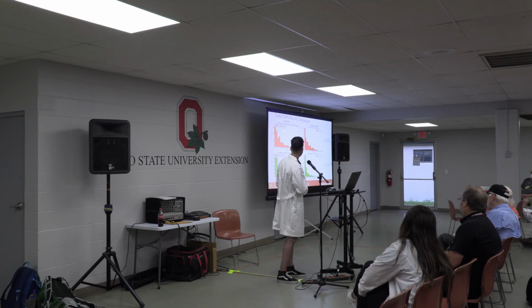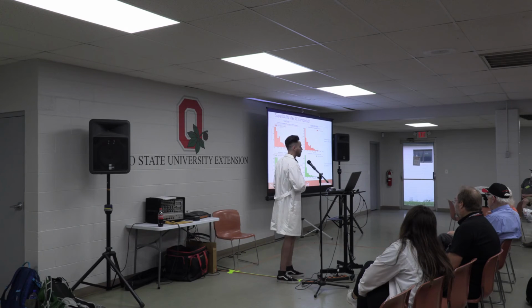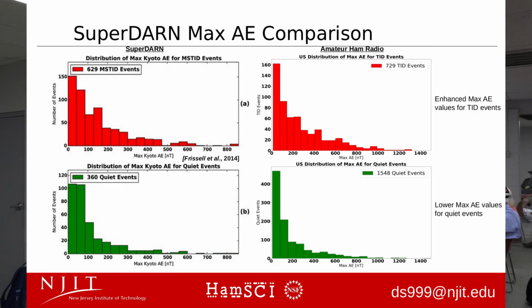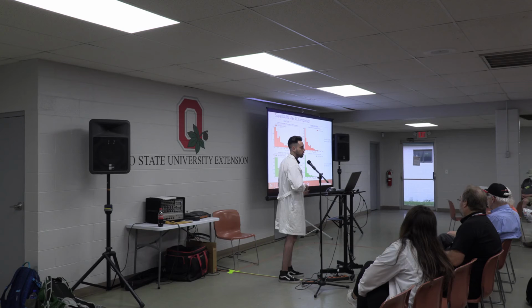So we see over here that for TID events, the overall Max AE values are higher as opposed to days where we had quiet events. And I found very similar results with the ham radio data. So for TID events, we had slight enhancements of Max AE as opposed to quiet events, which was much closer to values of 0.